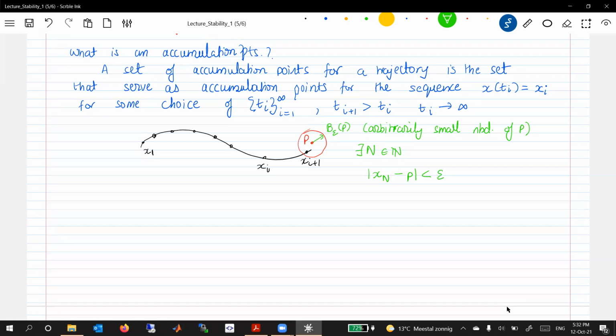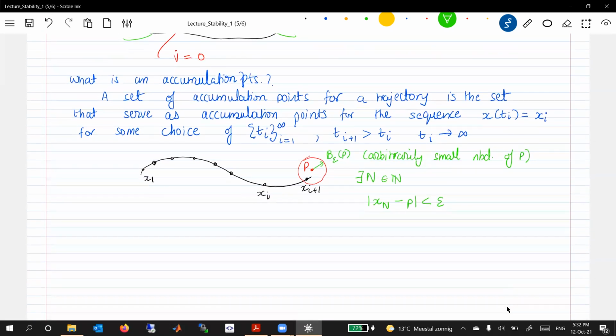So for any epsilon, we keep visiting this point. No matter how much smaller a neighborhood we choose, we would start accumulating towards this point. So that would be in some sense a limit point for the sequence of sample points on the trajectory.